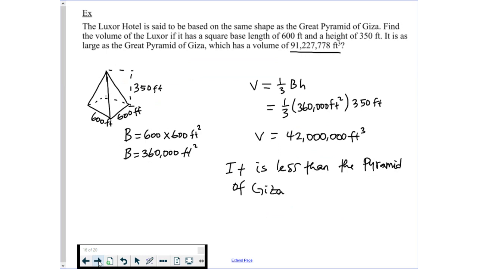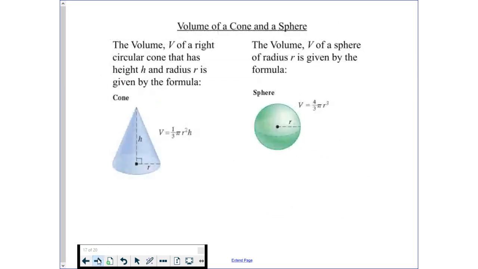Okay, now let's go to the next geometric figures. Next we'll see cones and spheres. A cone is 1/3 of a cylinder.